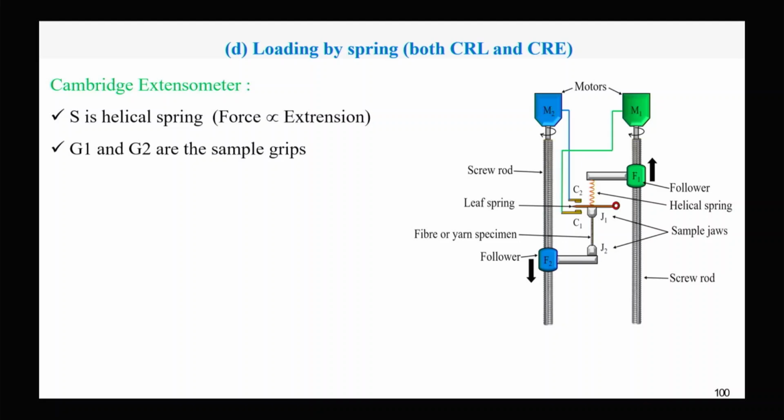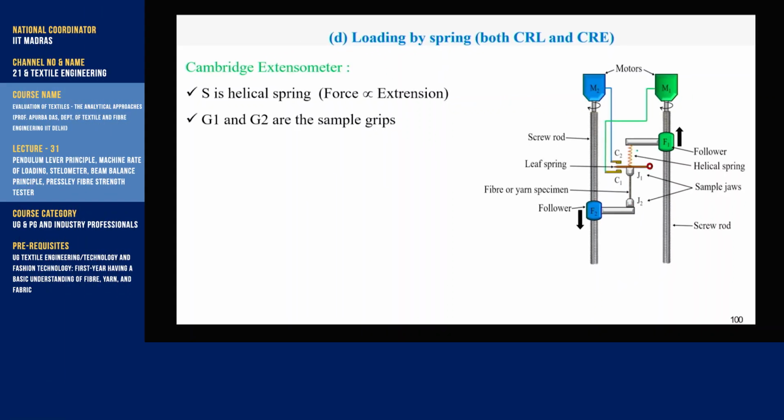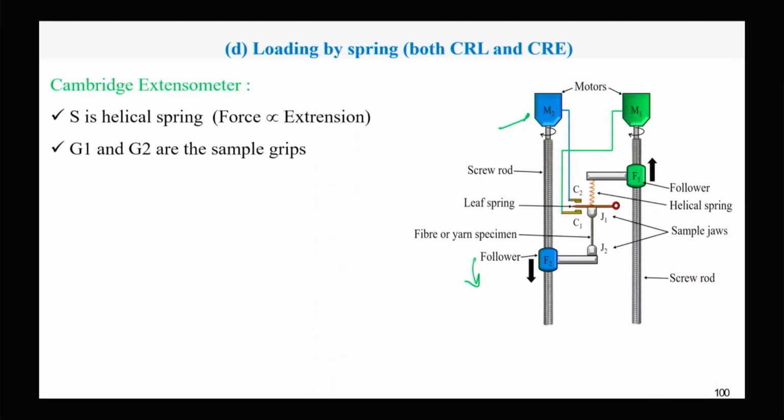As soon as the leaf spring touches the connector C2, motor M2 will start rotating, and as motor M2 starts rotating, the follower F2 will take the lower jaw downward, and when the lower jaw is moving downward, there will be disconnection, and again motor M2 will stop.